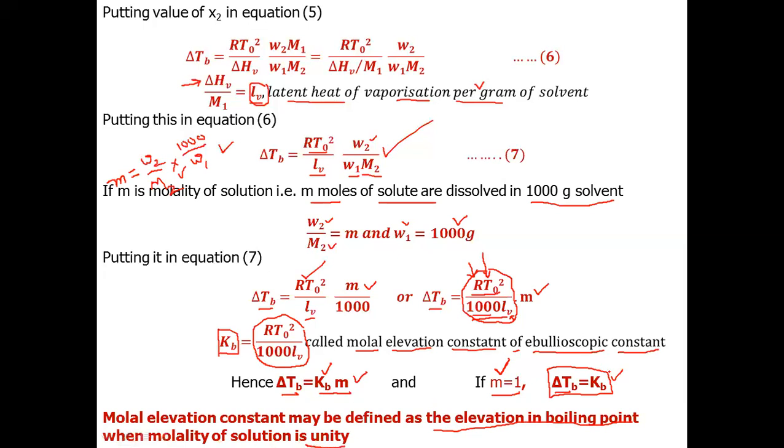This is the definition of Kb. Suppose we have a 1 molal solution of salt or sugar in water, and we note down the elevation in boiling point. That value will be equal to Kb, the molar elevation constant.